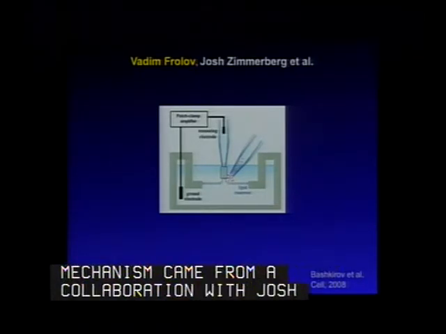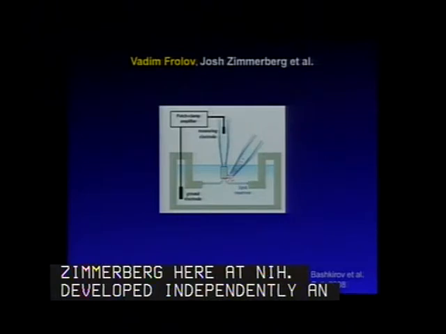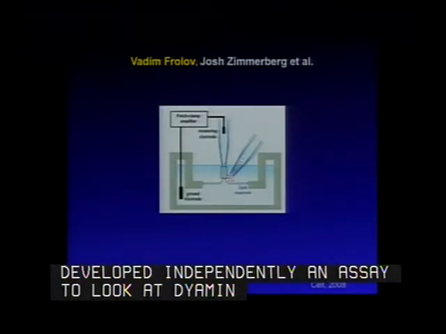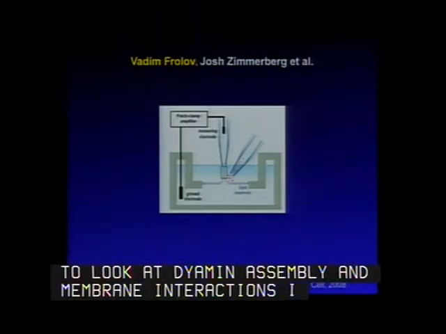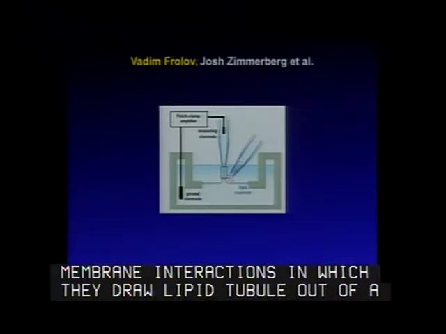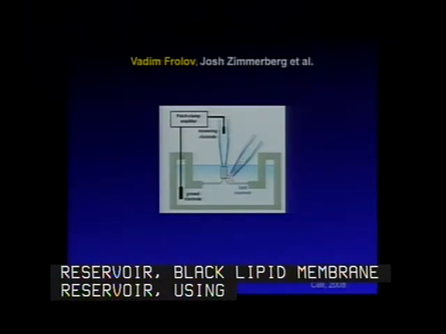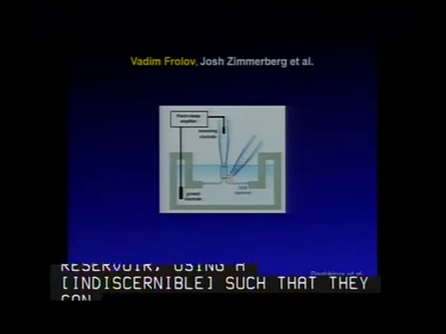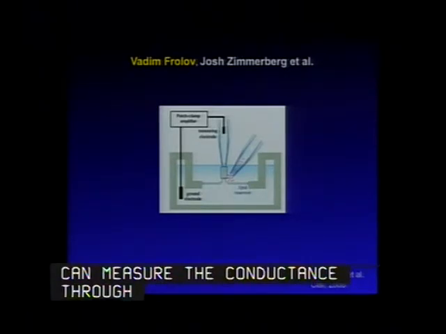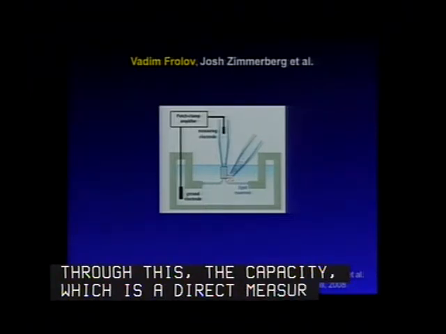NIH and Vadim Frolov. Vadim and Josh had developed independently an assay to look at dynamin assembly and dynamin membrane interactions, in which they draw a lipid tubule out of a reservoir, a black lipid membrane reservoir, using a pipette, such that they can measure the conductance through this pipette, the capacitance through this pipette, which is a direct measure of the diameter, or the internal radius, of the tubule.